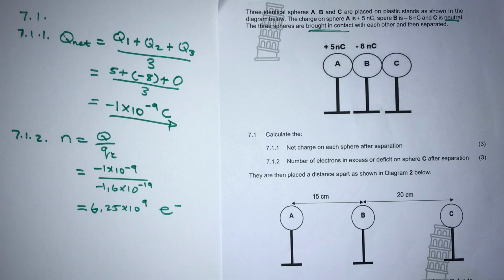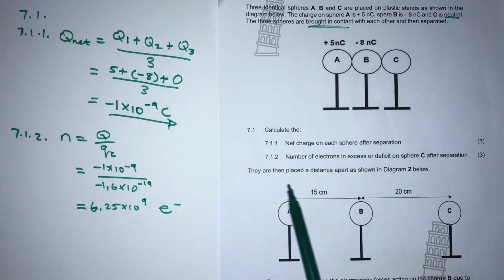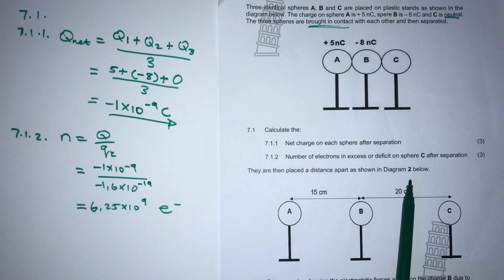Okay, and then second statement, they are then placed a distance apart as shown in diagram 2 below. So these are the charges now at a distance from each other.